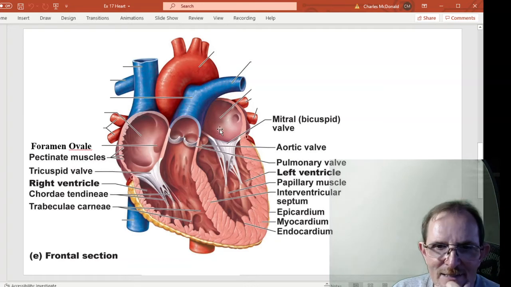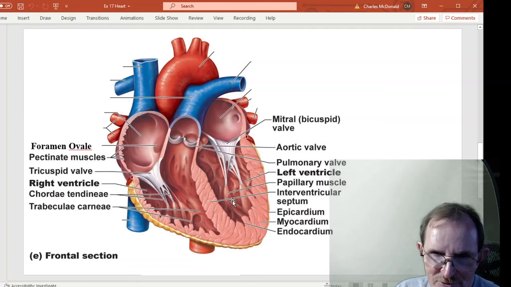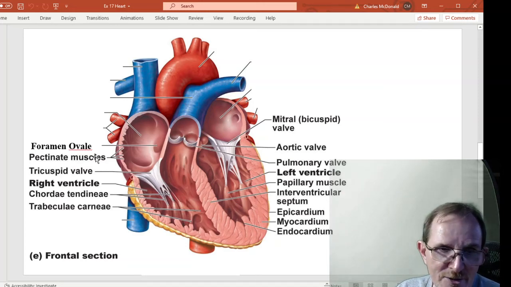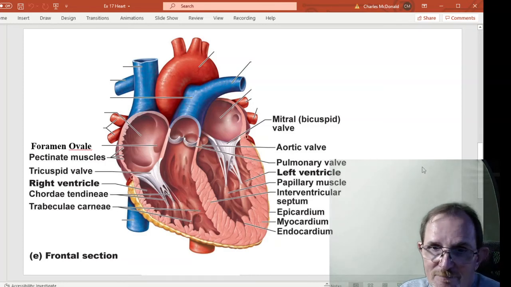These valves allow blood to go from the atrium into the ventricles. When the ventricles are getting ready to squeeze the blood out, they shut these valves so that the blood can't flow back in. Those two valves are called the atrioventricular valves, AV valves, because they're between the atria and the ventricles, which makes kind of sense to me.